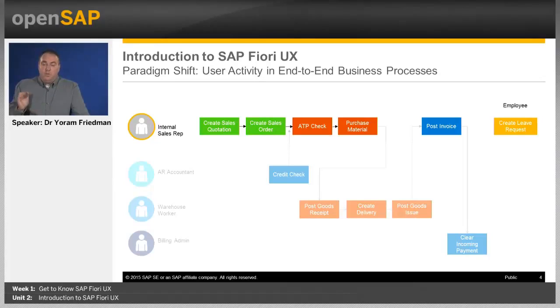There are probably going to be other tasks that need to be fulfilled by other users, and those users are going to have their own Fiori applications. But for me, as a single user who is trying to do a certain task, I will see only the information I need and only the activities that I'm asked to do when accessing the system.